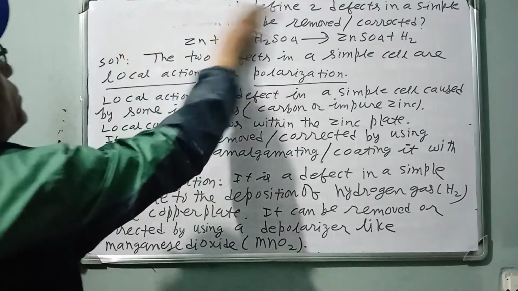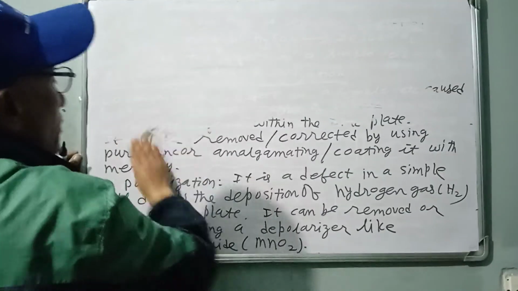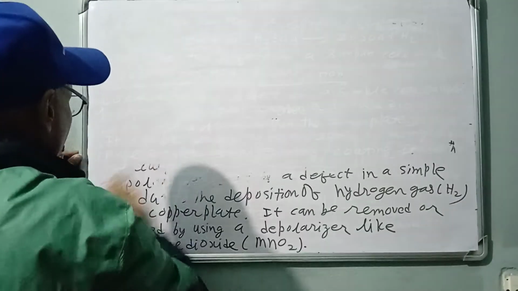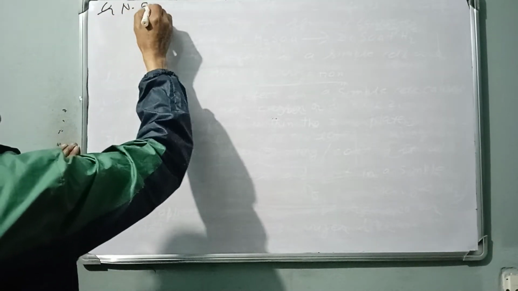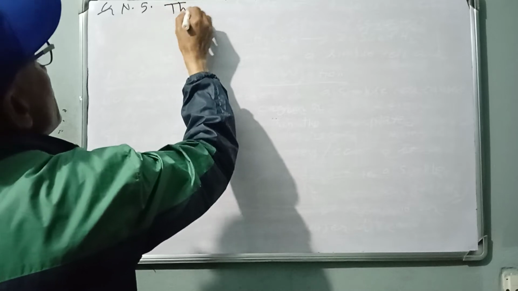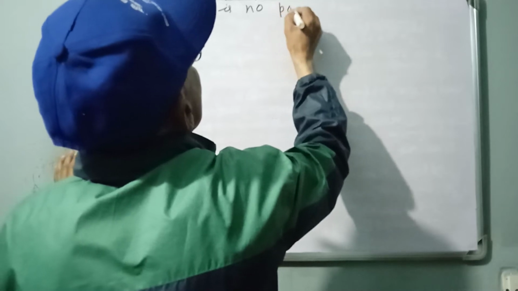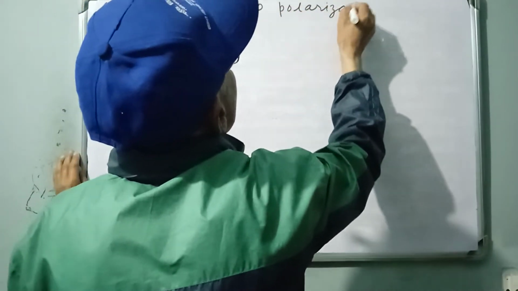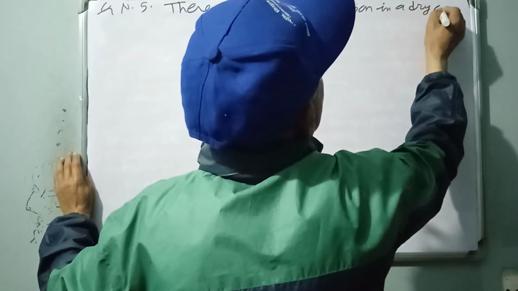Question number 4. Related to this, one question can be asked. For example, question number 5: there is no polarization in a dry cell.